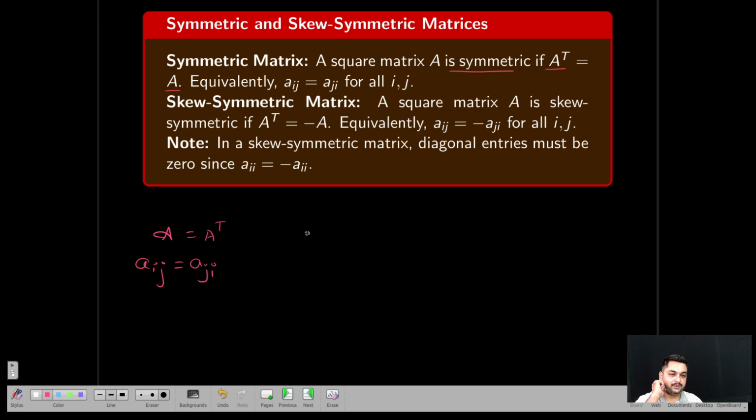Similarly, skew symmetric will be A equal to minus A transpose, and one more condition: the principal diagonal elements are 0. That is, A ij equals minus A ji, the negative of the same element on the other side.